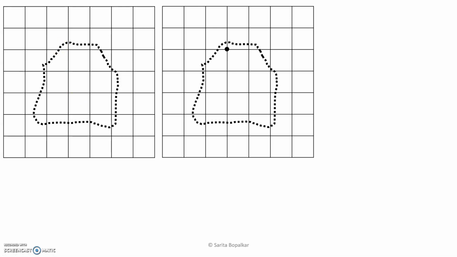While assigning the boundary points to the grid locations, the grid points approximately represent the boundary points. So like this, we can assign the boundary points to the grid locations. Like this, we assign each boundary point to the nearest grid point.